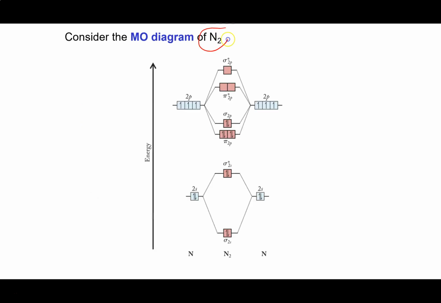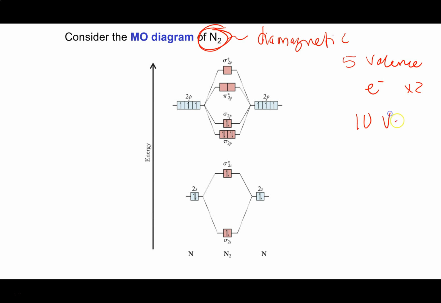So here's nitrogen, and if you remember, we said before that nitrogen was diamagnetic, which means it has no unpaired electrons. Now, every nitrogen atom has 5 valence electrons, so when we form N2, we're going to have to place 10 valence electrons in the MO diagram.